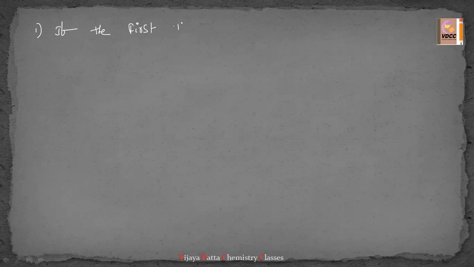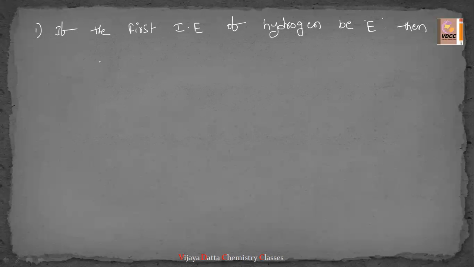If the first ionization energy of hydrogen be capital E, then the ionization energy of helium plus would be?